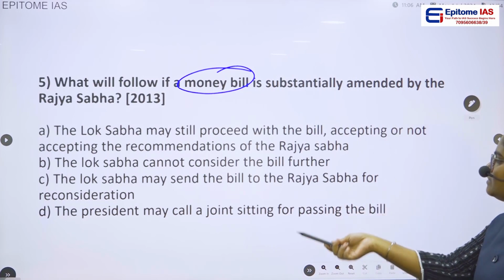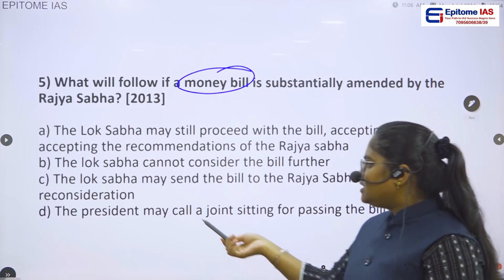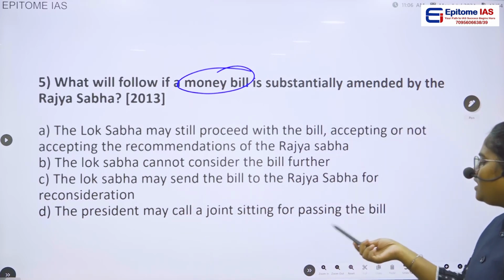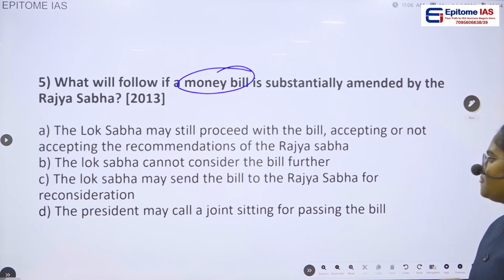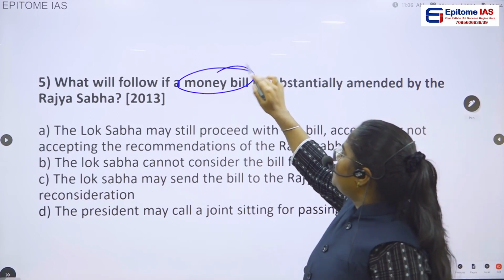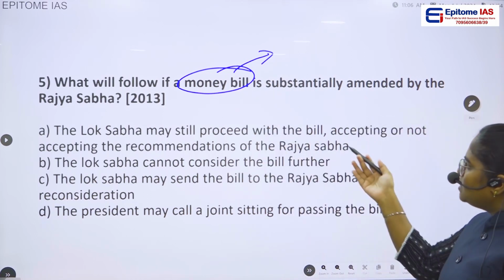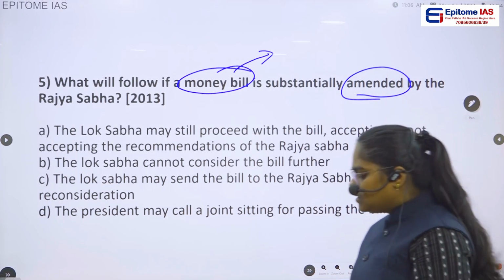Option C, the Lok Sabha may send the bill to the Rajya Sabha for reconsideration. Option D, the President may call a joint sitting for the passing of the bill. So they are talking about the money bill here, and they are asking what will happen if a money bill is substantially amended by the Rajya Sabha.